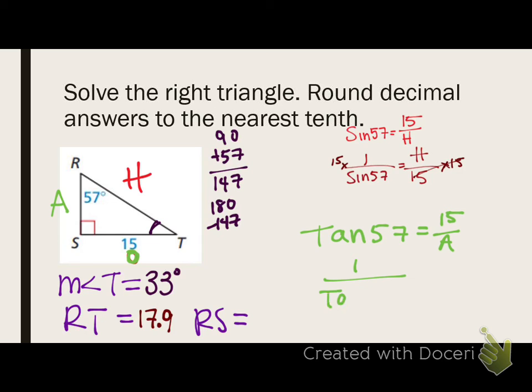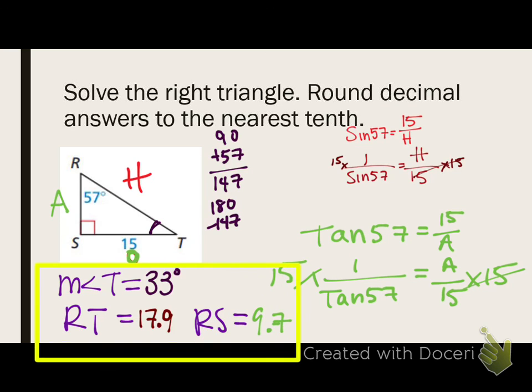So 1 over tangent of 57 equals the adjacent over 15. All right, multiply by 15. And what do we get? 9.7. Good.